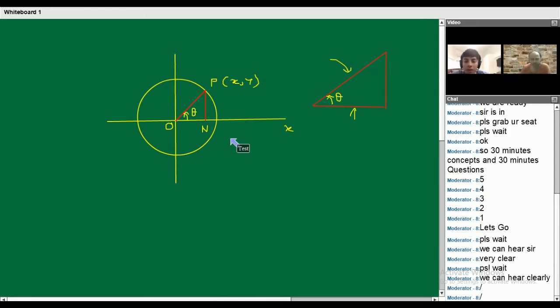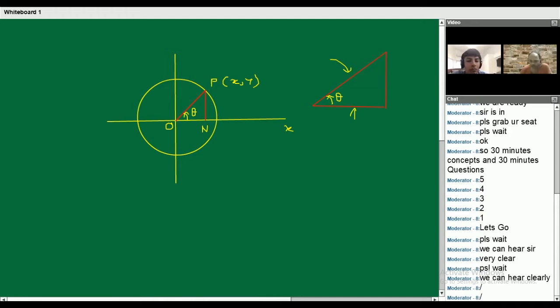So here in this triangle for this unit circle, can you tell me what would be the opposite side? PN. Correct. And what about the hypotenuse? OP. Great. What about the adjacent? ON. Great.